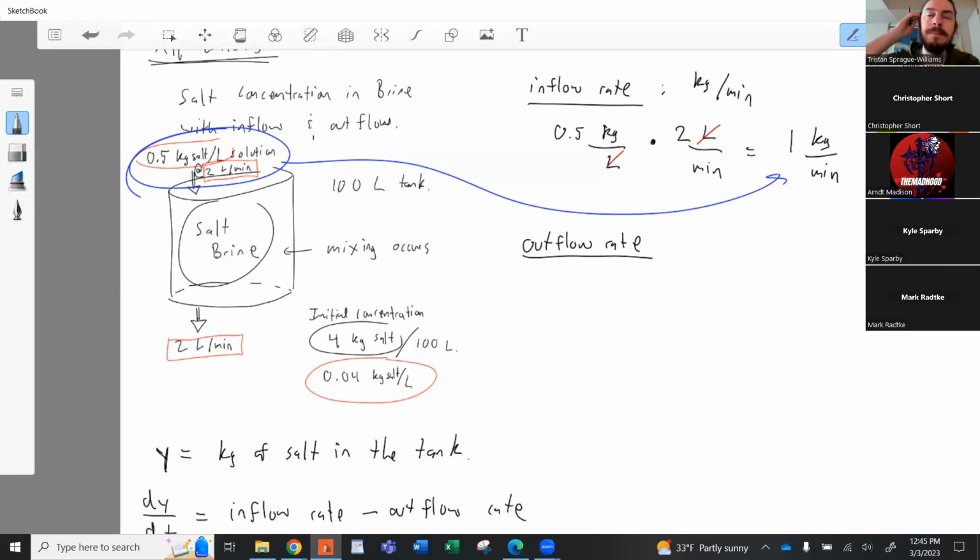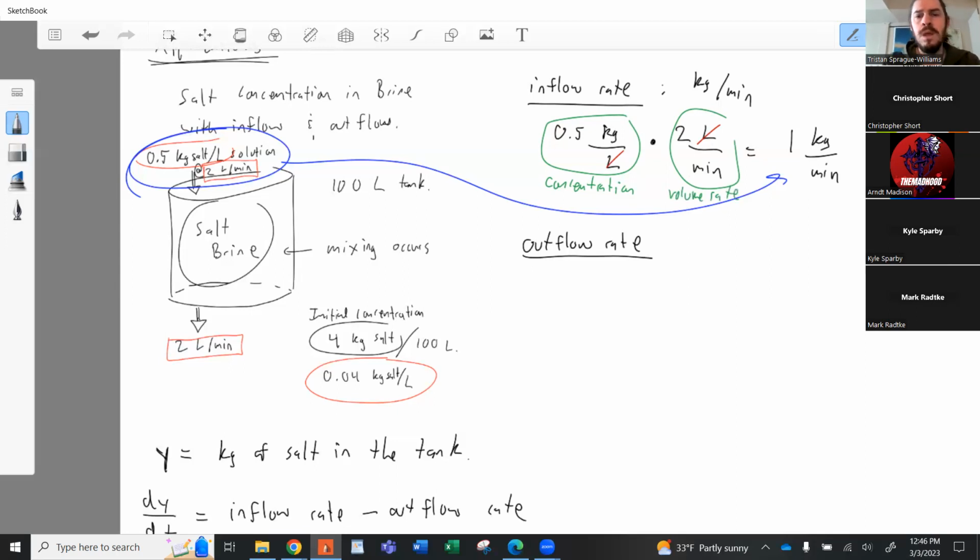So here's how we can think about it. We're going to calculate it the same way we did the previous one, with concentration times the volume rate.